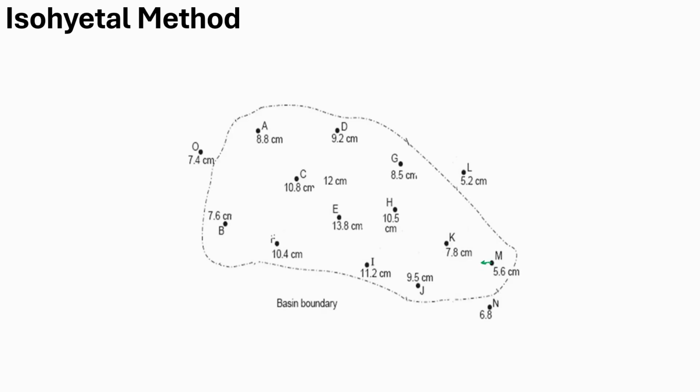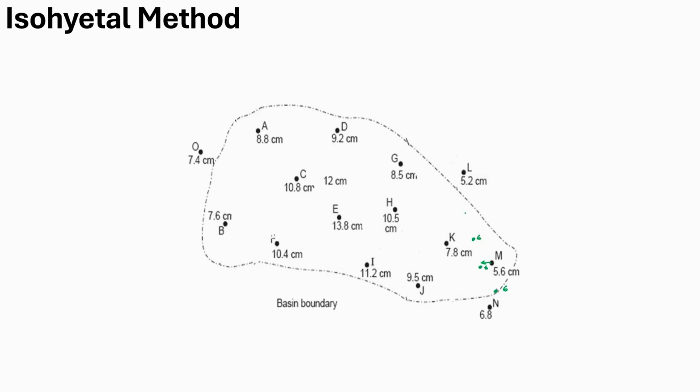So I will mark a point whose precipitation will be 6 centimeter. Let us say we have a point whose precipitation is 6 centimeter as compared to M. And for K, we will draw a line which has a precipitation of 6 centimeter. Let us say this is the point of 6 centimeter, this is 6.8, this is 5.6, so 6 will come somewhere here. This is 6.